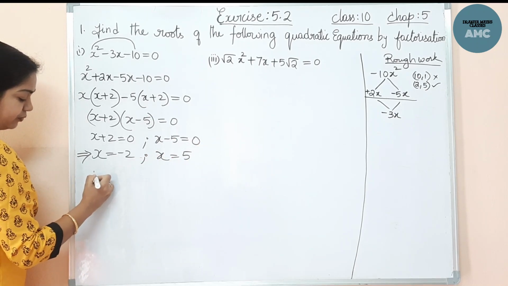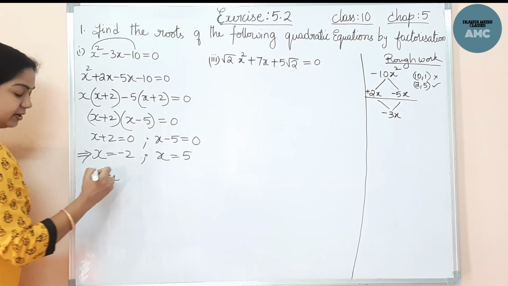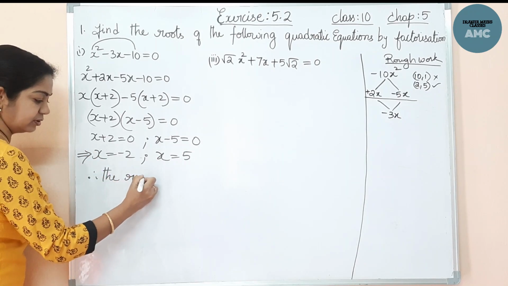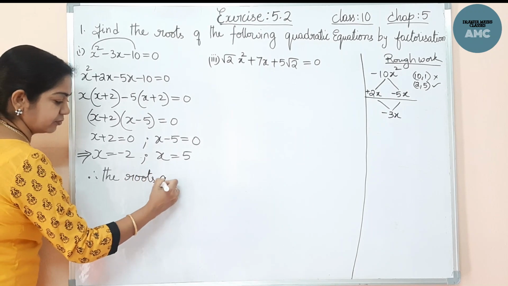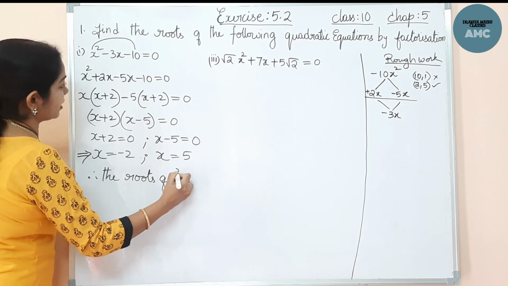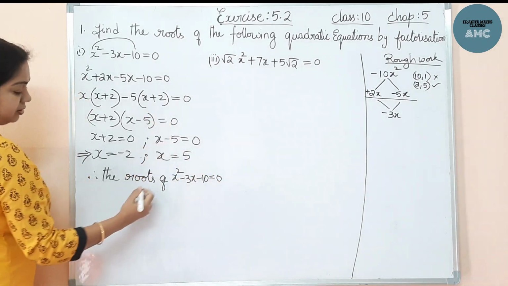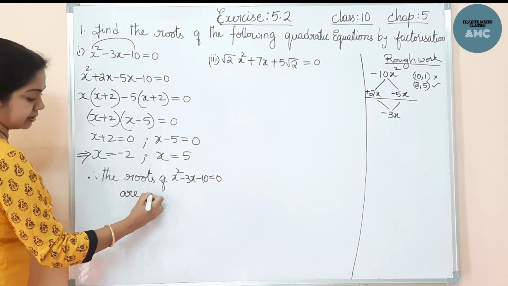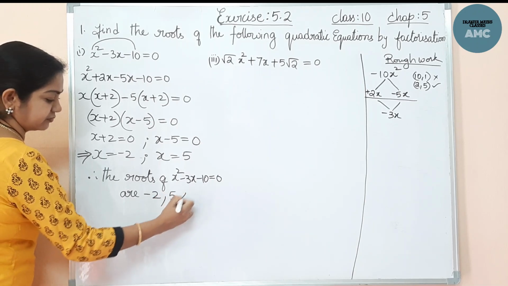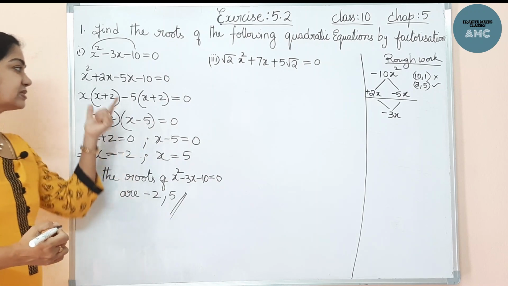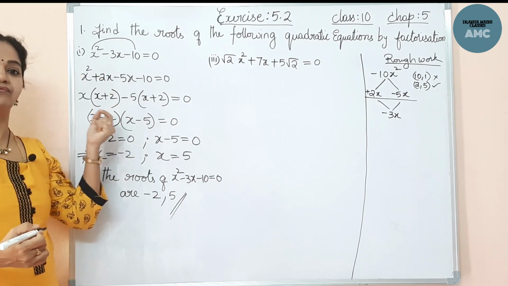Now they are not the zeros, they are the roots. Therefore, the roots of x square minus 3x minus 10 equal to 0 are minus 2 comma 5. Like this, we have to find the roots by factorization of the middle term.